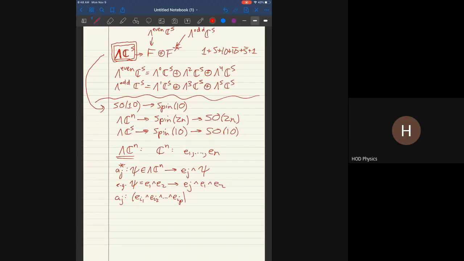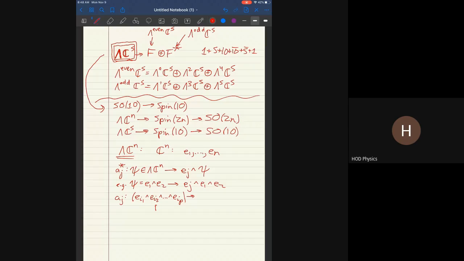Aj will map this element to, the idea is that it goes in and finds Ej. If Ej appears in this list, it removes it from the list.